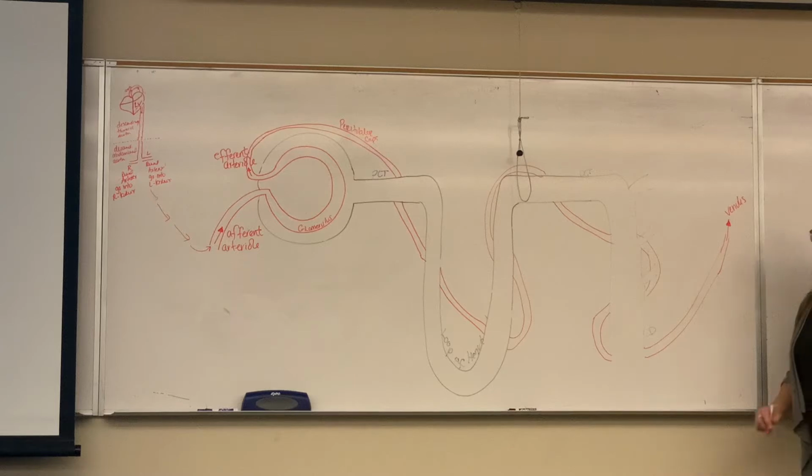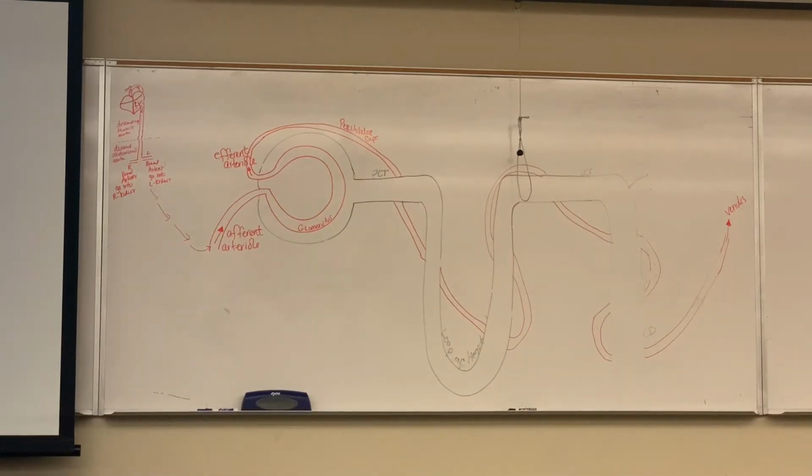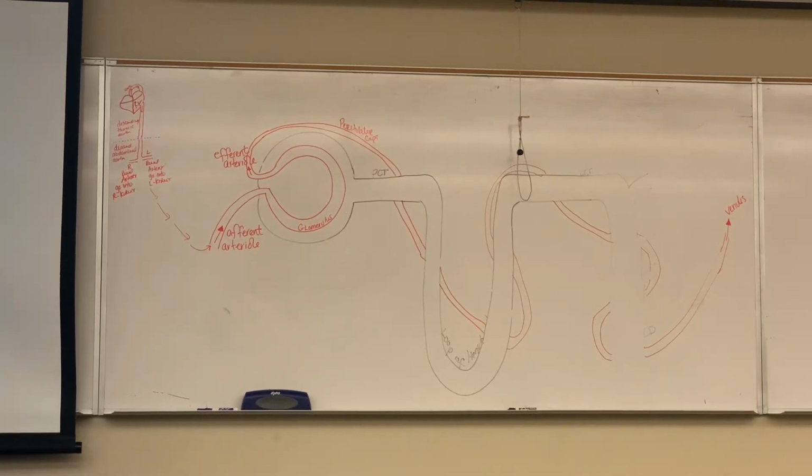Okay, now let's come back over here. So here's our afferent arteriole taking us into the glomerulus. Leaving the glomerulus, we go into an efferent arteriole. From an efferent arteriole, we go into peritubular capillaries. And now we're leaving the nephron region and we go into venules. Then those venules are going to drain or converge within the kidneys into veins that we're not going to learn the names of.